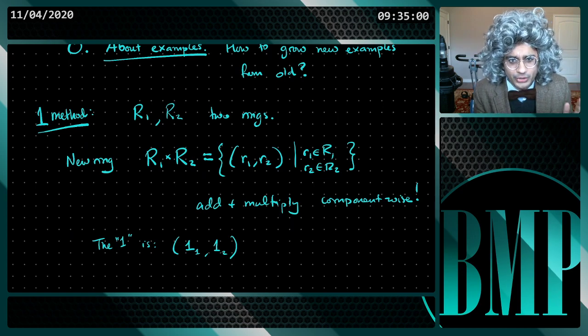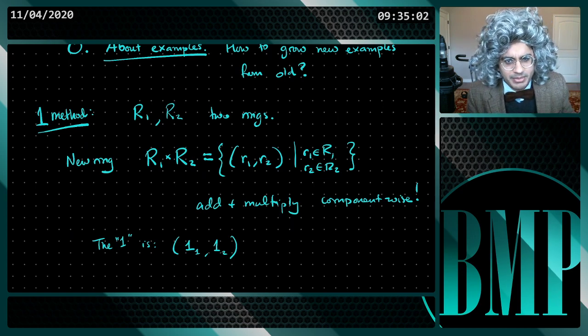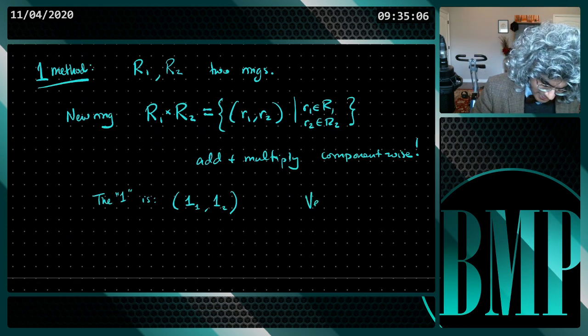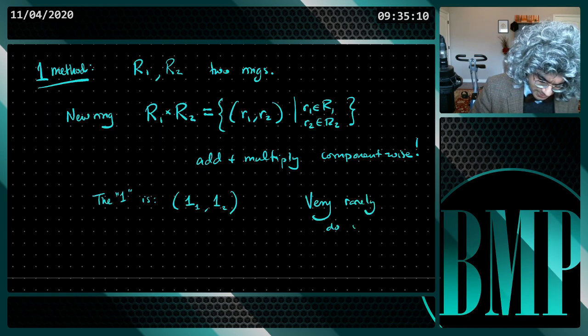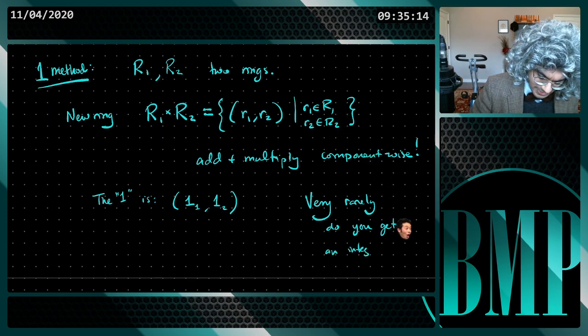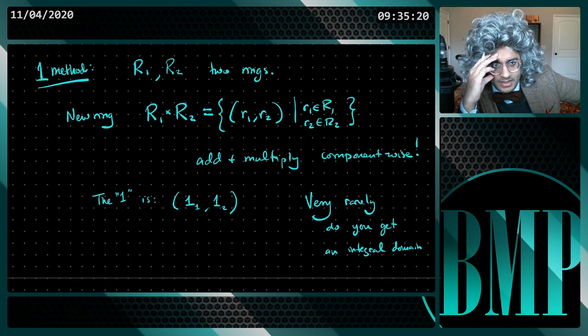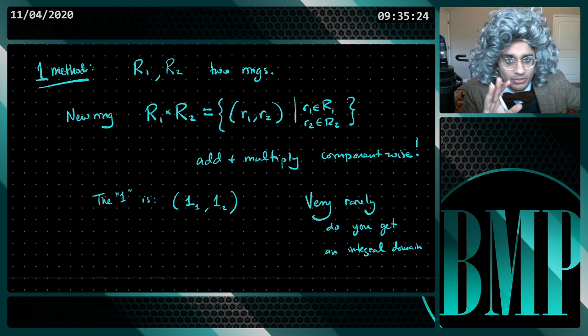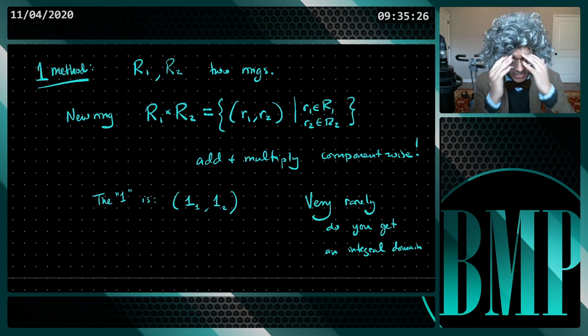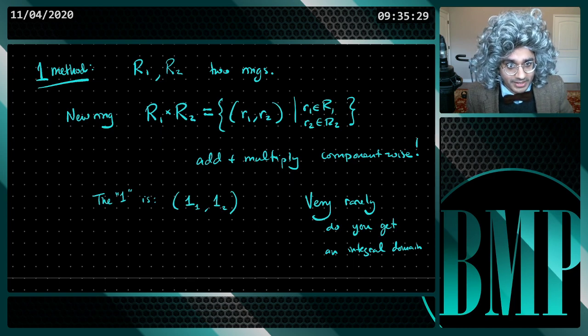By the way, whenever you do this, you're never going to get an integral domain. Very rarely do you get an integral domain. In fact, the only time you get one is if both the rings are the 0 ring. I mean, the 0 ring is a hilarious ring. Okay?